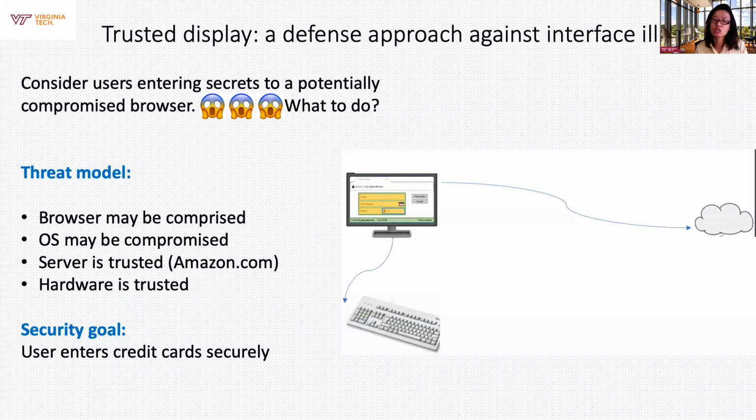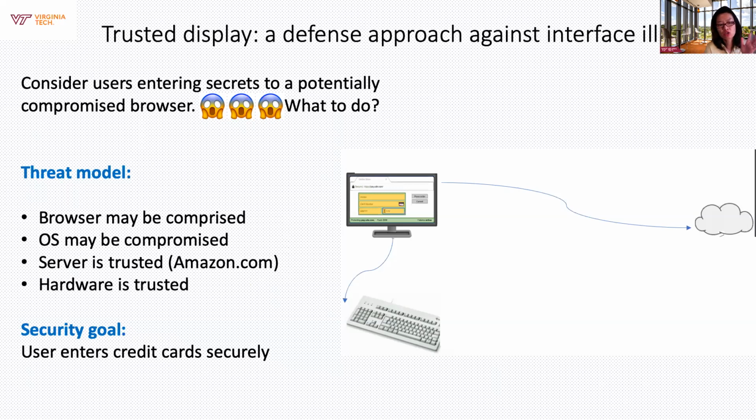So let's consider a certain scenario. The user needs to enter credit card details into a browser. Every time I make an online purchase, I'm afraid that my browser is already compromised. What to do? That's the problem.